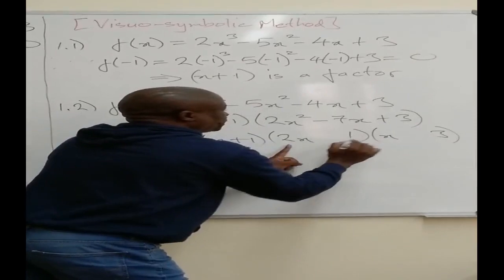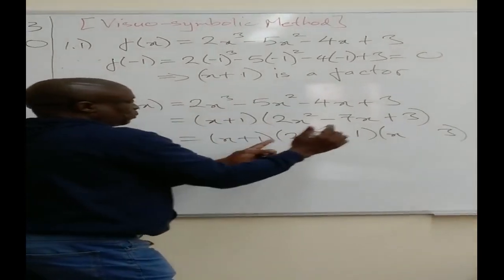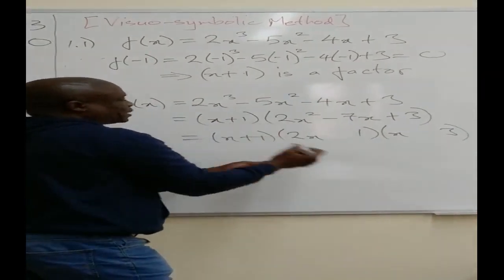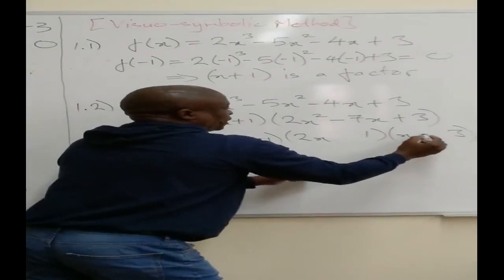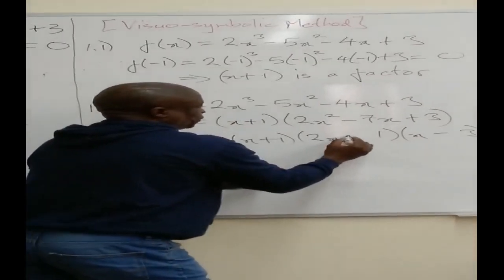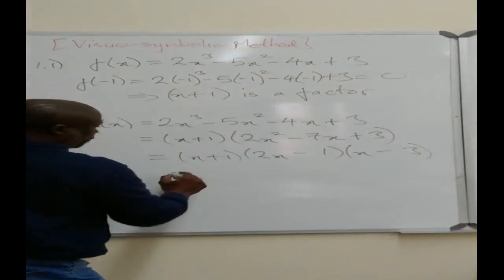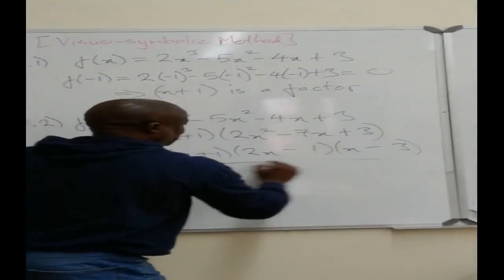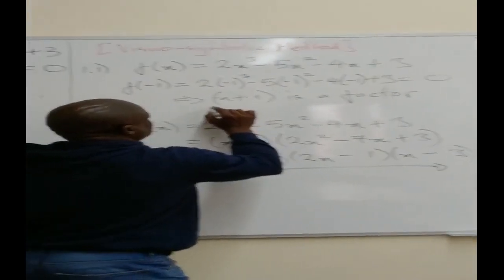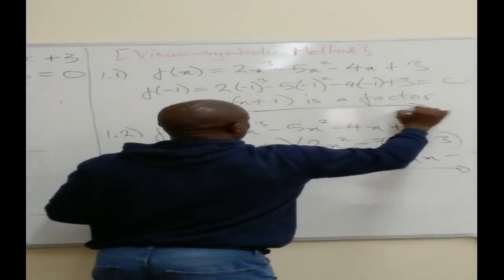And if you are going to put a 1 there, you get an x. So basically, because we need to get minus 7x, the 3 should be a negative, whereas the 1 should be a negative. And then you get your factors as that, which is the answer to your part 2.